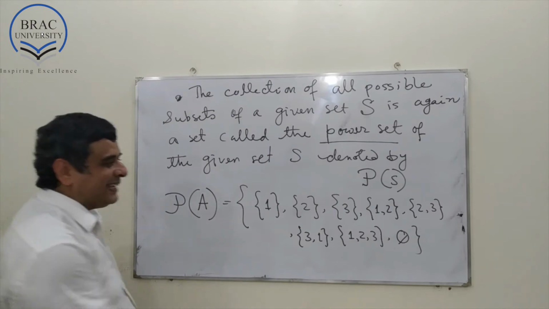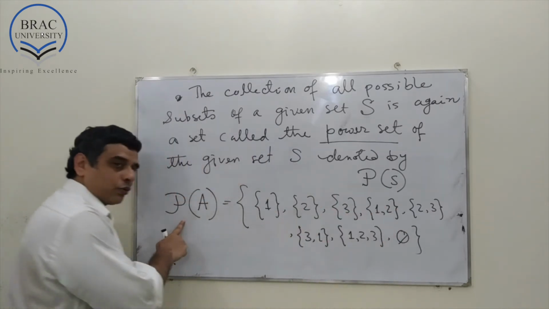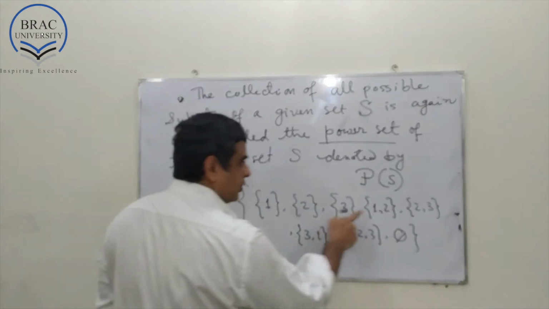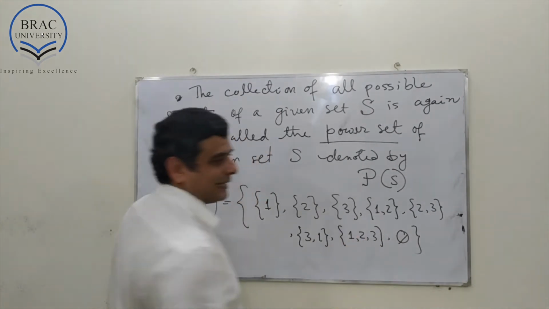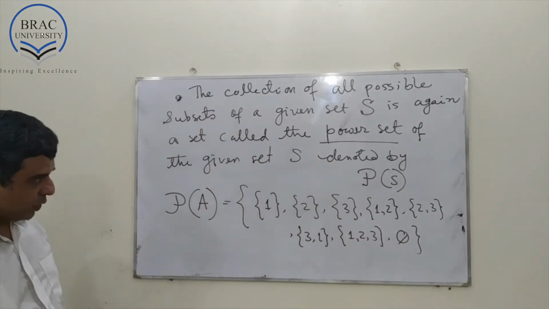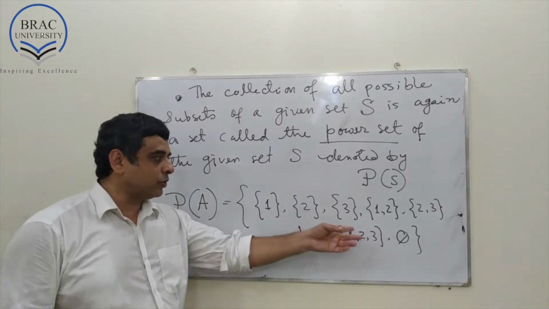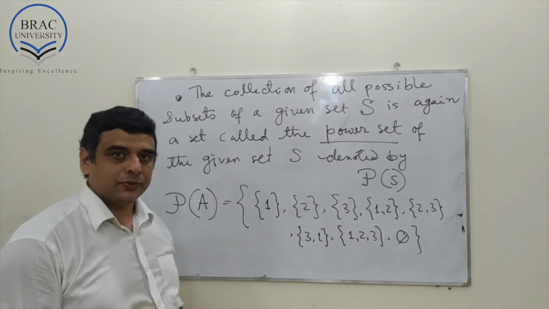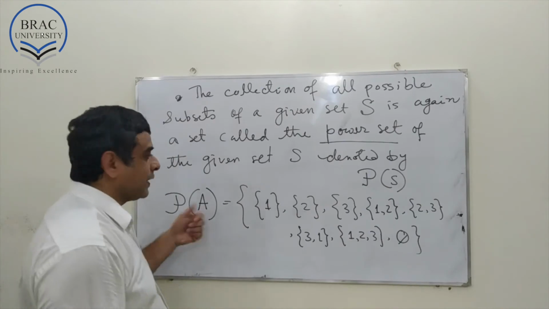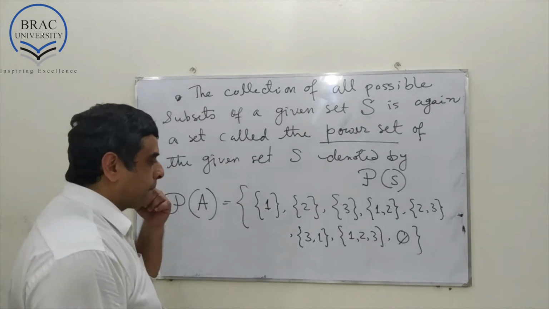So there are 8 elements in this power set. Okay? Those elements are also sets, which are precisely subsets of A, the given set A.